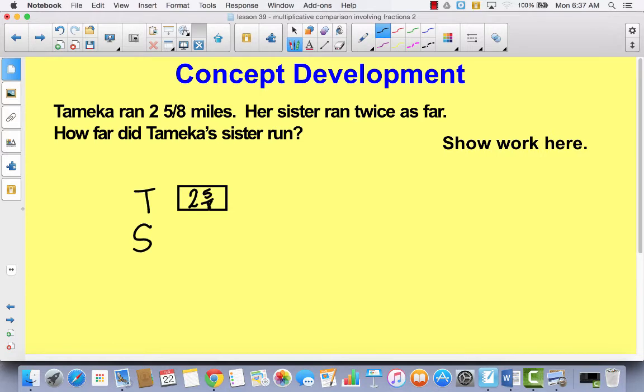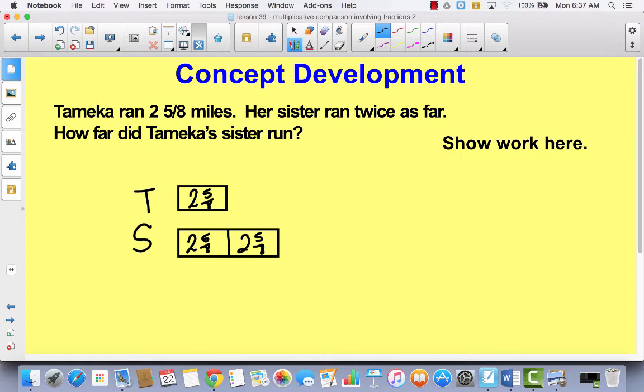Now, it said her sister ran twice as far. That means her sister ran further, so my tape diagram is going to be larger. I'm trying to make it twice as big as this one. If it's twice how far Tamika ran, then this would be 2 5/8, and this would be 2 5/8.